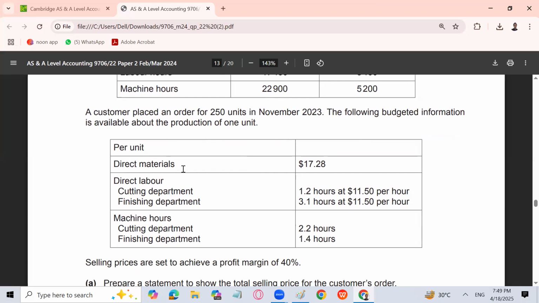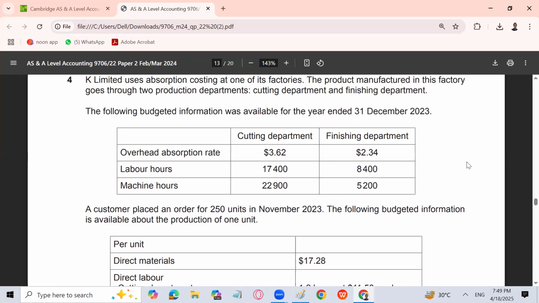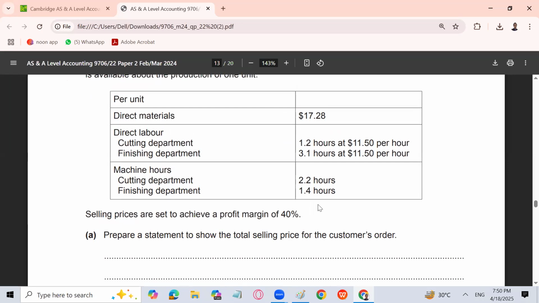Per unit, direct material is 17.28, direct labor for cutting and finishing is given separately, and machine hours for the cutting department are 2.2 hours and for the finishing department 1.4 hours.